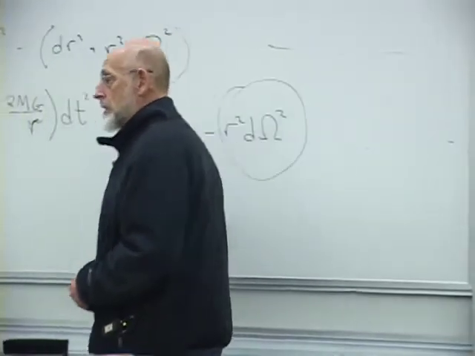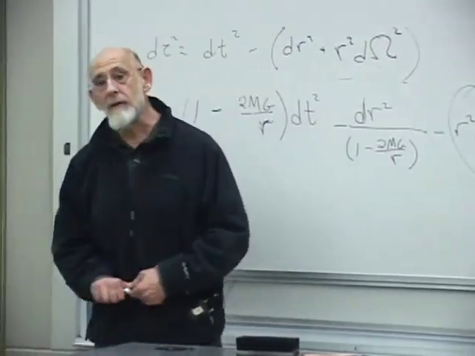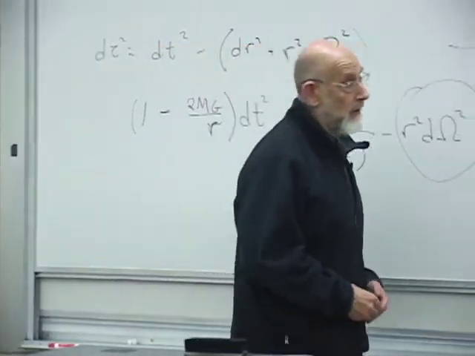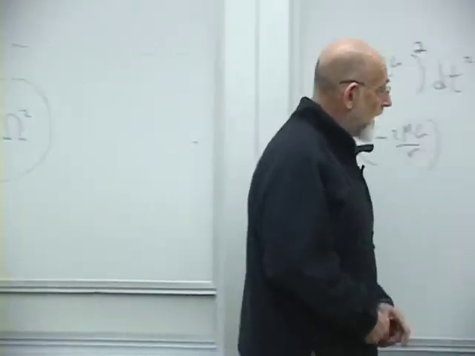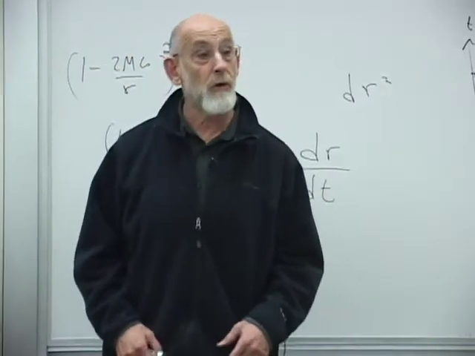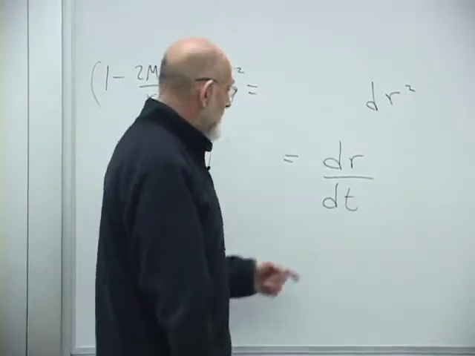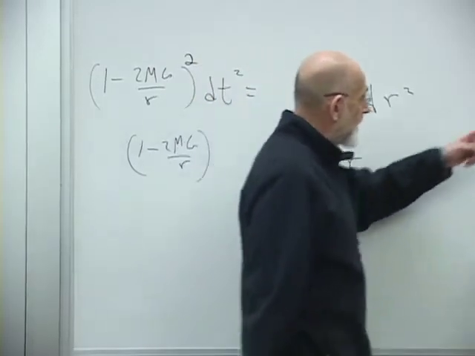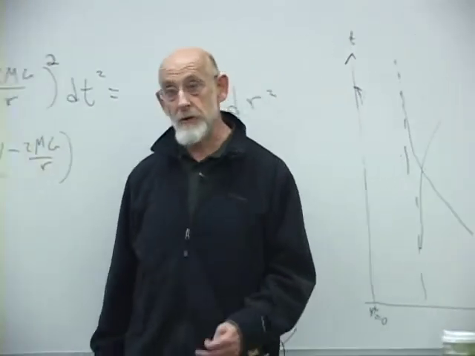So one lesson is that even a light ray that's shined in toward the horizon takes an infinite amount of this kind of time here, what's called coordinate time. It takes an infinite amount of coordinate time to get to the horizon because of the slowdown effect.